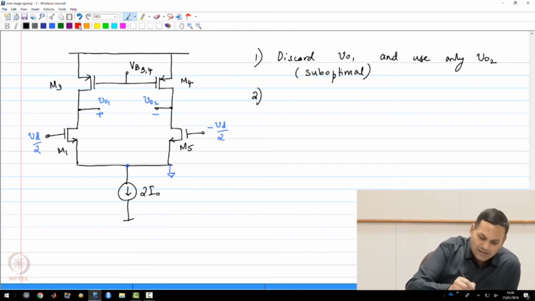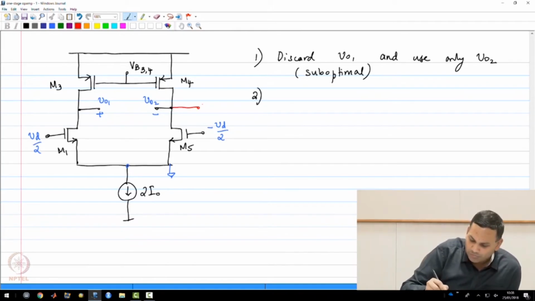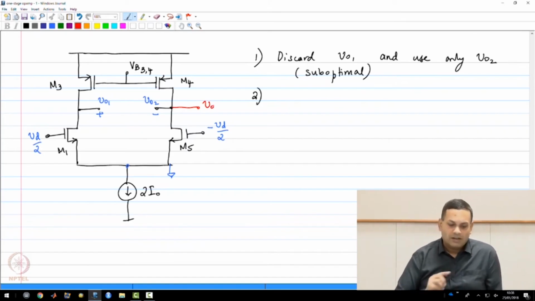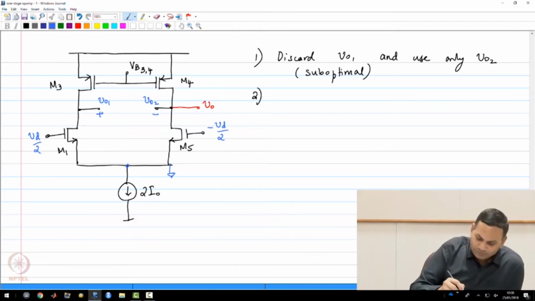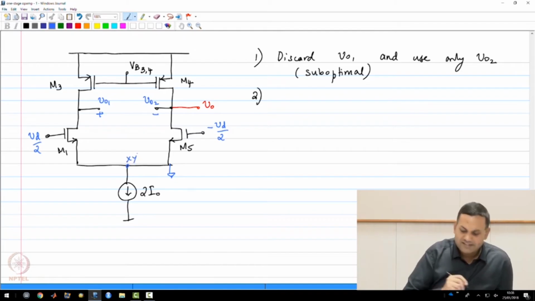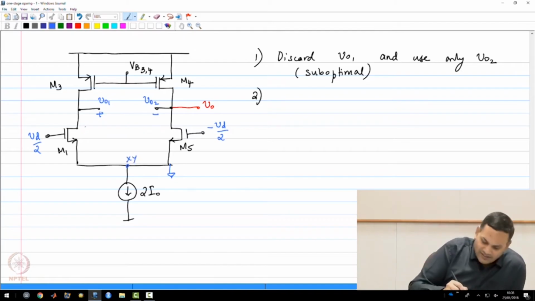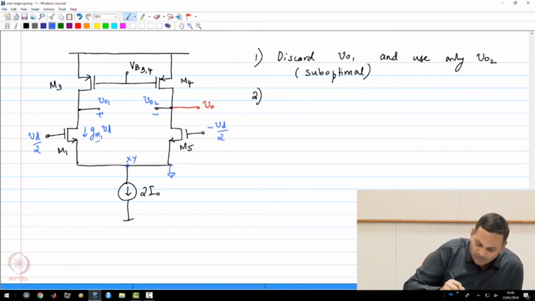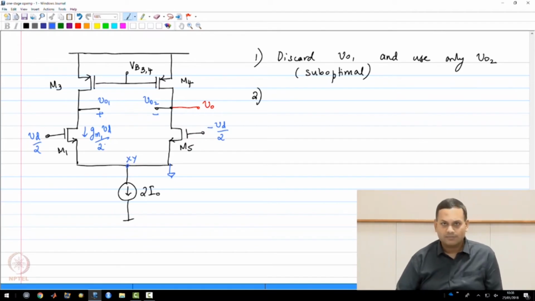Now let us assume that I am going to take the output only from the right hand side. I'm going to call that VO. Now if you draw the signal currents inside the circuit, we will get a better understanding of what you need to get a single-ended output. So since the XY node is a small signal ground, the current through the transistor is going to be GM1 times VD by 2 flowing downwards.